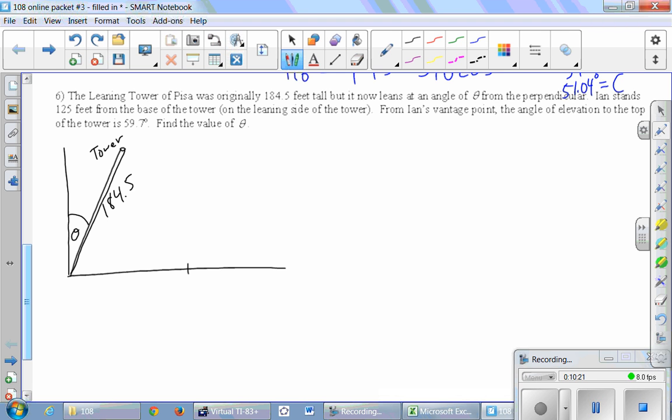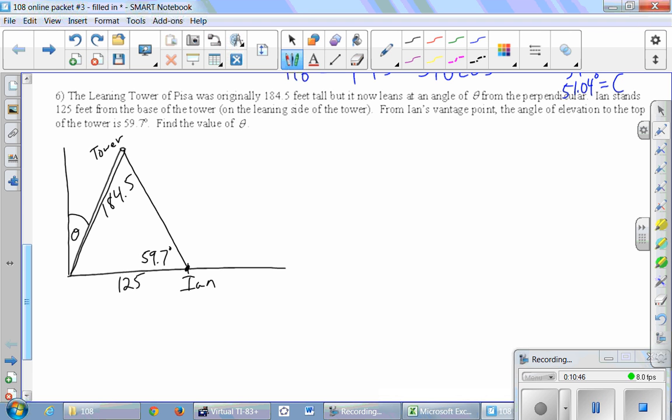So Ian is over here, 125 feet away. And from Ian's vantage point, the angle of elevation to the top of the tower is 59.7 degrees. So I'm standing on the ground, I look up to the top of the tower, and the angle between the horizontal, the ground, and the top of the tower is 59.7 degrees.